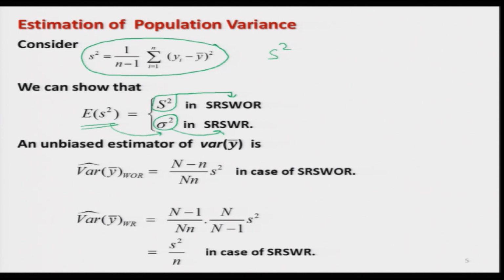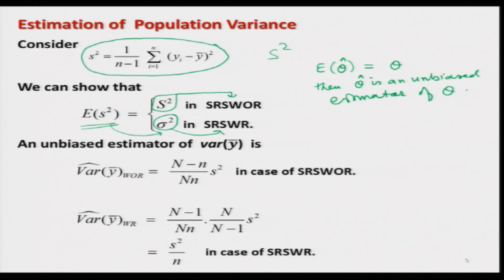What we do in statistics is that if I have an estimator theta hat to estimate the population parameter theta, and the expected value of theta hat is equal to theta, then we say that theta hat is an unbiased estimator of theta.